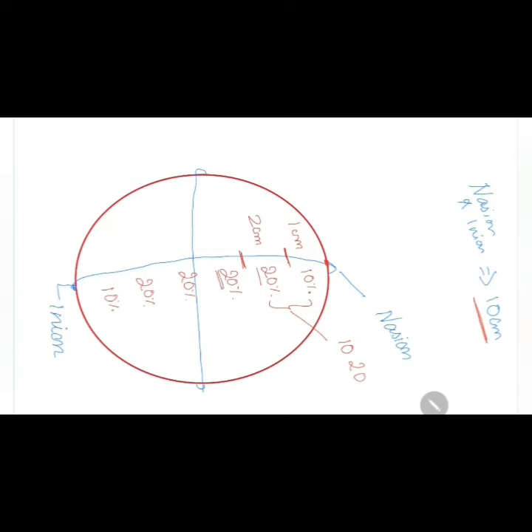The next again 20 percentage, so again 2 centimeter away. Next is 20 percentage, again 2 centimeter away. Next is 20 percentage, again 2 centimeter away. Whereas the next one is only 10 percentage, so it is only 1 centimeter away. Similarly, you'll have to put from right ear to left ear. So now we know how the electrodes are placed.